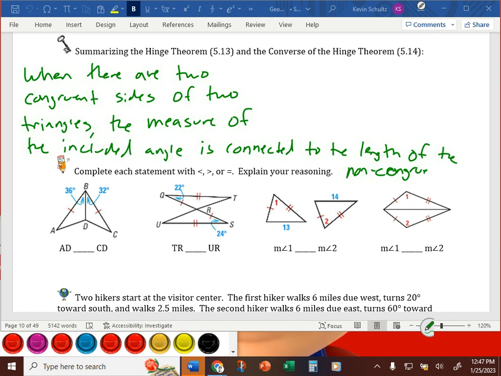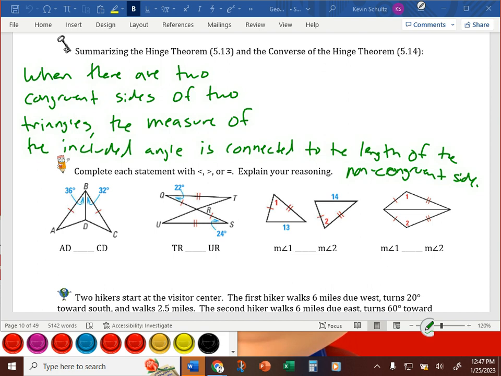I'm laughing because I don't think I could have worded this any more horribly than I did there. Okay? What was I thinking? When there are two congruent sides of two triangles, the measure of the included angle is connected to the length of the non-congruent side.